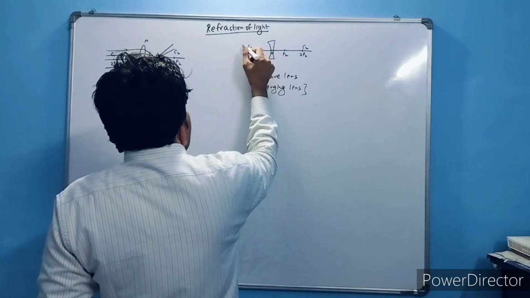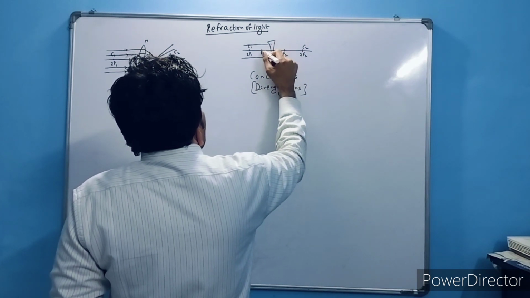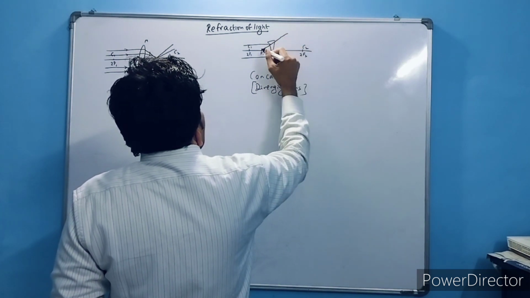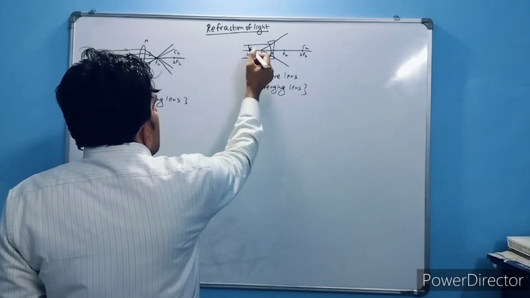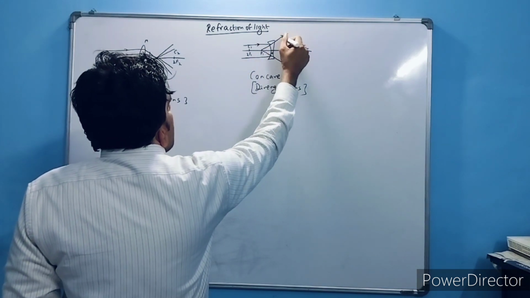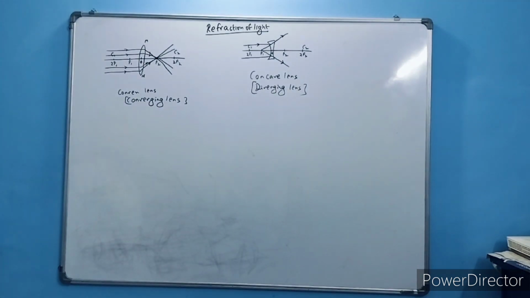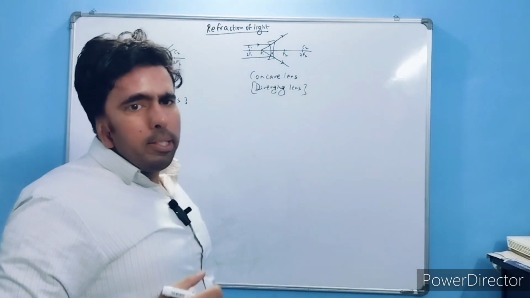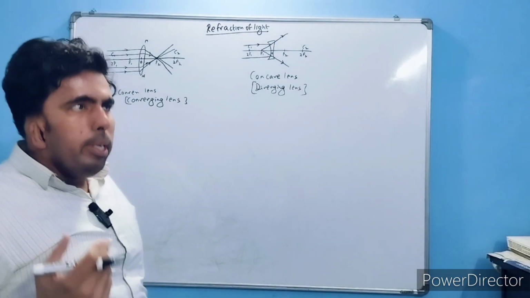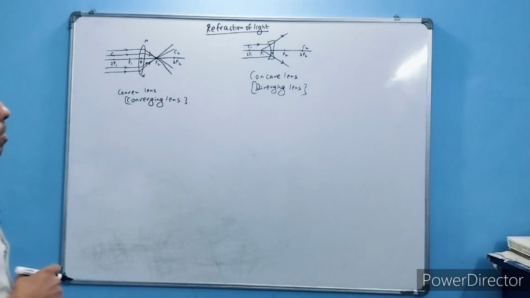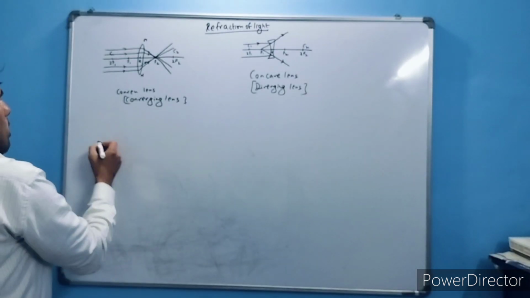So we can draw it like here. This lens is the diverging lens, called the concave lens. So we have two types of spherical lenses, the convex lens and the concave lens. Now let us see on which principles they work.